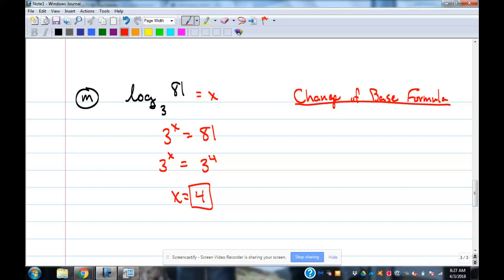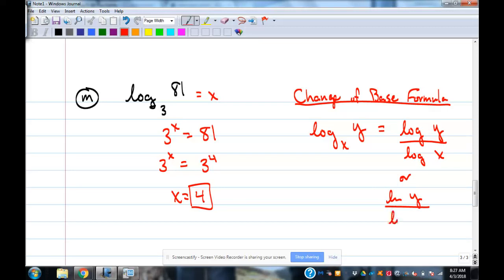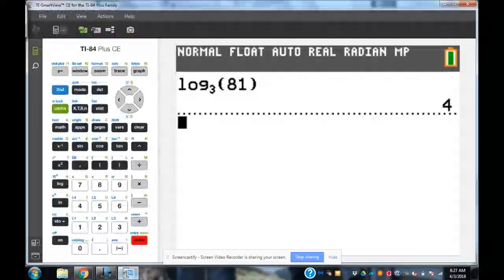If you're doing a log base x of y, the change of base formula says if I just do the log base 10 of y over the log base 10 of x, or natural log of y over natural log of x, either of those will give me the same result as this.